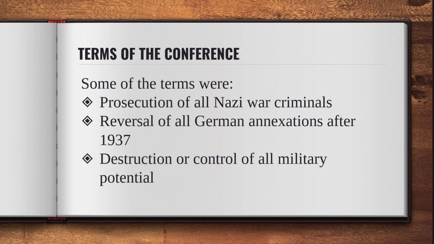So they said, you don't get any military. You have to destroy everything that can be destroyed: any tanks, any planes, any guns, etc. And as for the people who are a part of the military, those four powers, US, UK, USSR, and France, would take control of those.